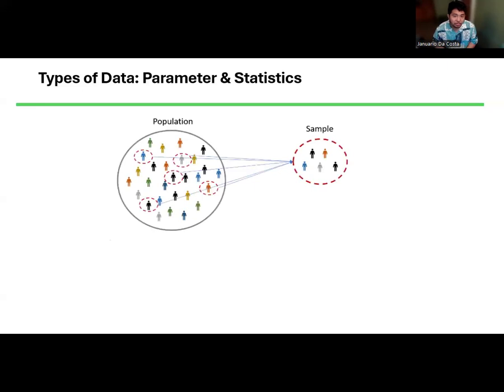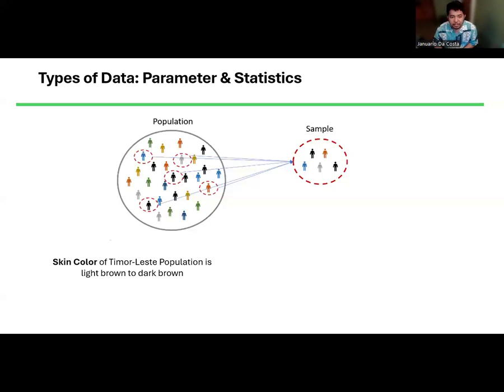For example, consider the population and the sample. For the population, we know that skin color in Timor-Leste is light brown to dark brown, for example.